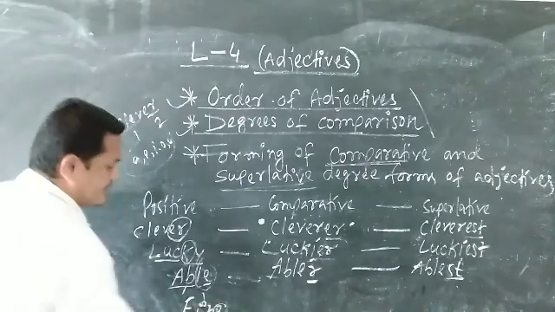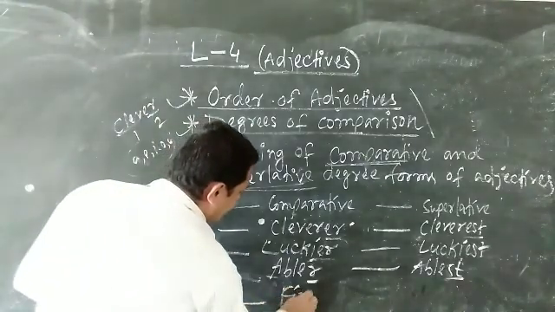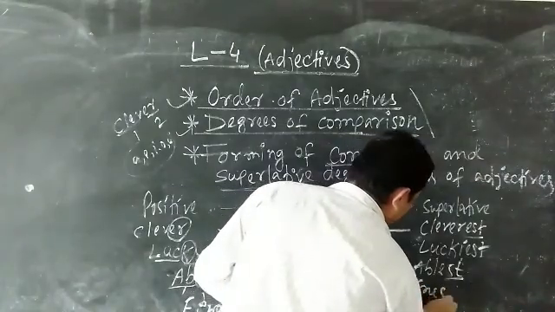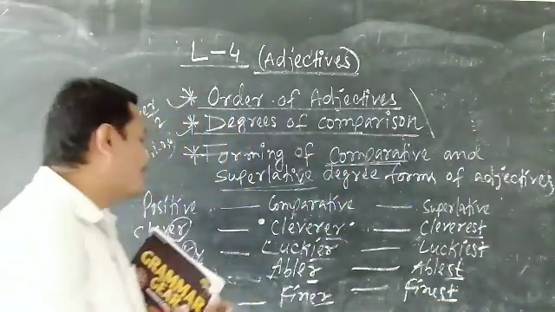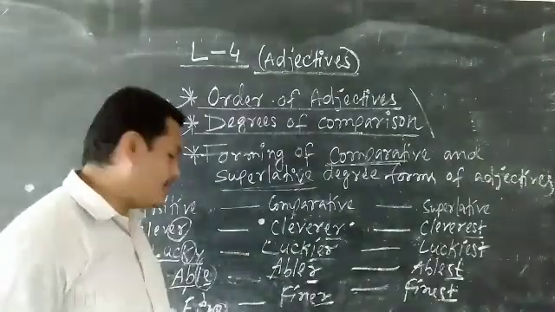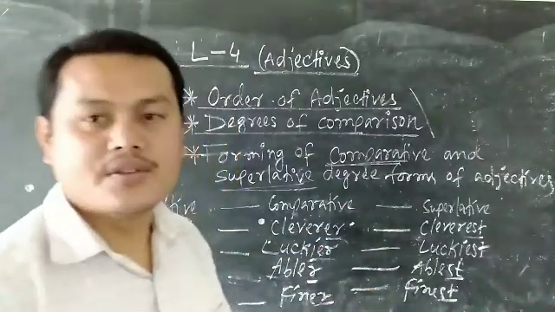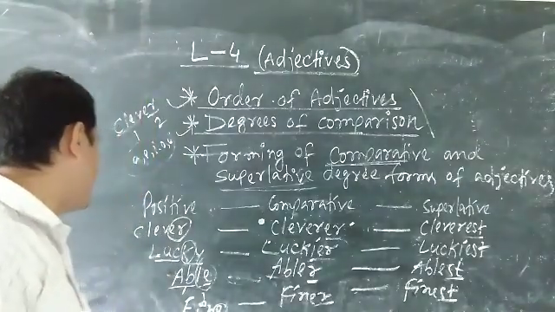Fine, the last letter is E. So here it is finer, and finest. Why? Because the last letter is E. So we only have to add R in the comparative and ST in the superlative degree.